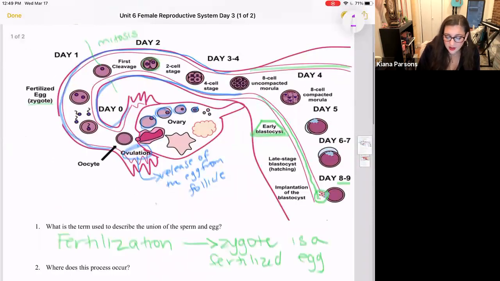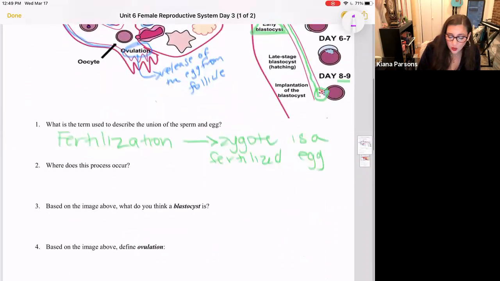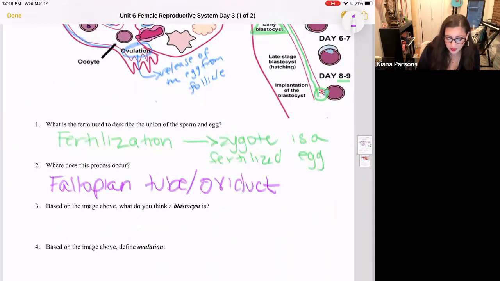So you can see here, this is the ovary, and this is the oviduct or fallopian tube. And they both mean the same thing. You can say either one.